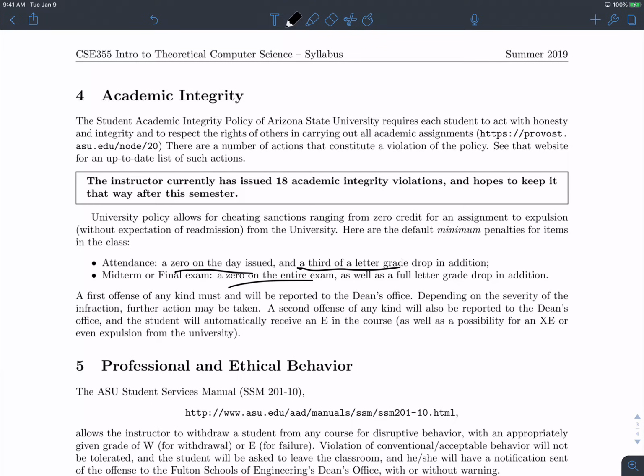So here's a funny story. The first time I taught this class, I had a one-page policy. My policy was you can bring one page of notes, and I don't really care about the dimensions of the page or whatever, as long as it doesn't distract the person next to you. I have photographic evidence of this.